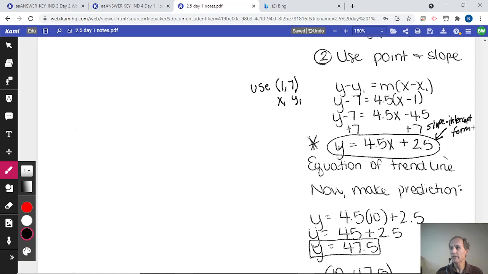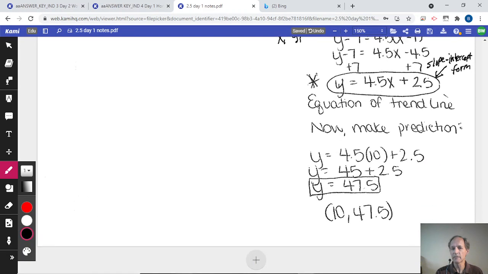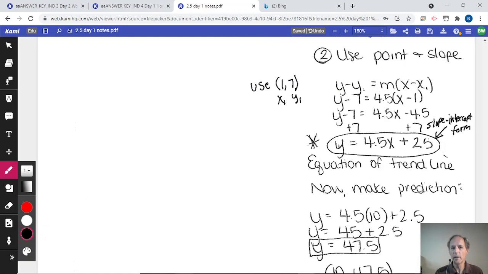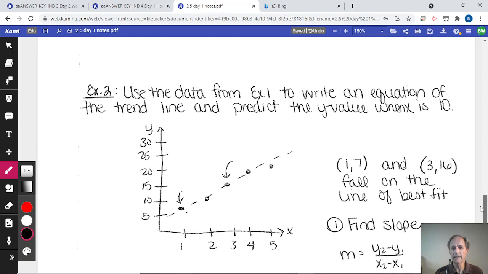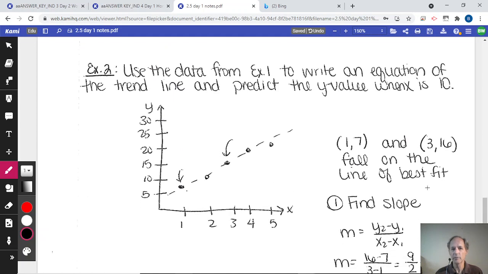Okay, so now that we have that, we can make a prediction. And that's what we're doing right here. Because we wanted to predict, well, what is y going to be if x is 10? That was the other thing we wanted to do here. Predict the y value when x is 10.